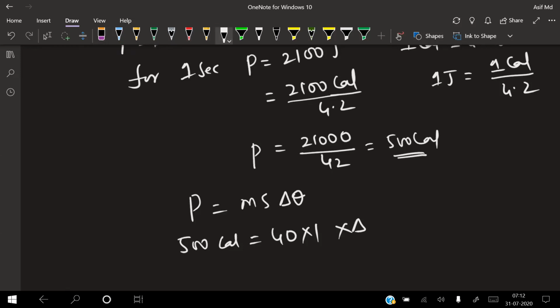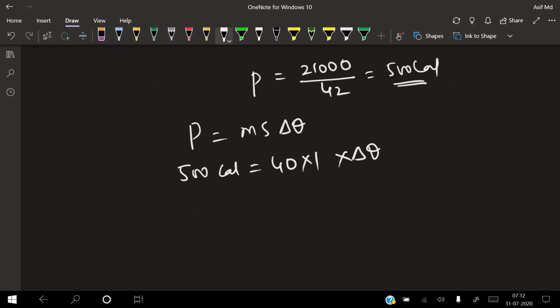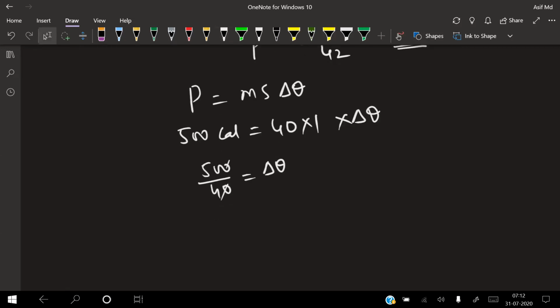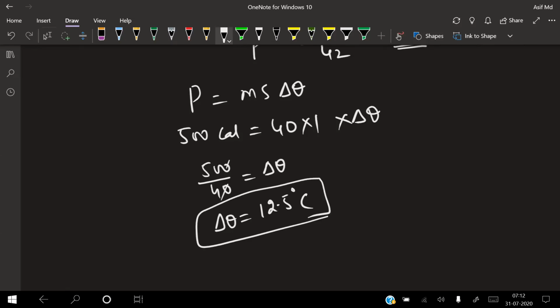So delta theta is 500 divided by 40, which is 12.5 degrees centigrade. So this is your temperature increase.